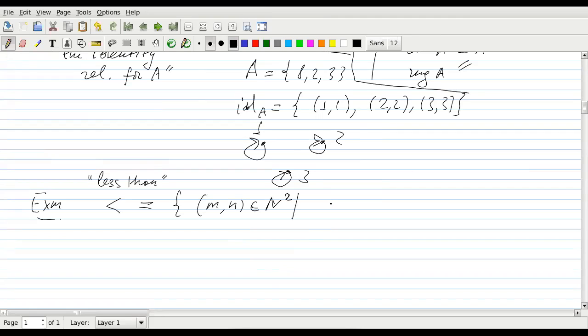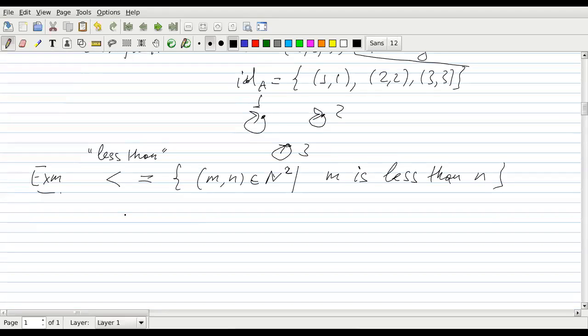It is defined, or better described, the following way. It is a set of all pairs (m, n) such that m is less than n. For example, we may say that (2, 3) is an element of this relation.